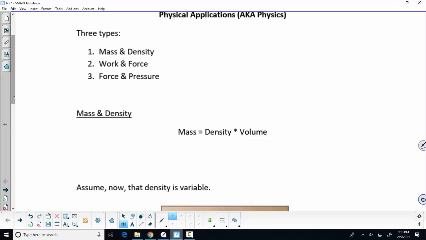We're going to look at 3 types of applications: mass density, work and force, and force and pressure. So we're going to go in that order. So the work and force problems we're looking at deal with springs and lifting problems.